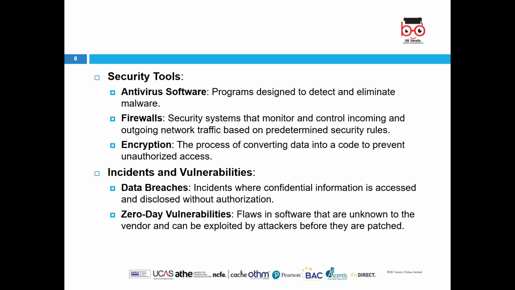Also, incidents and vulnerabilities. So what happens when there's a data breach? With a data breach, we are going to have some data loss. Whether we are a small, medium, or large business, a data breach means our information is leaked to unauthorized users, and this could turn into a massive problem for our company.